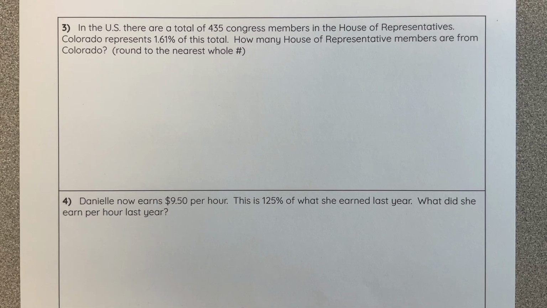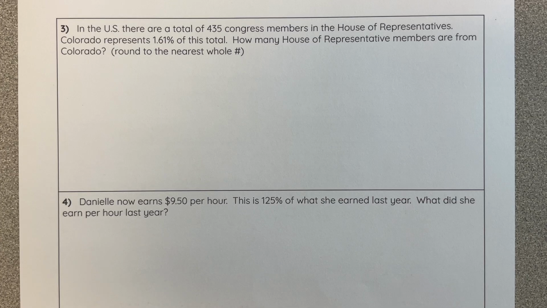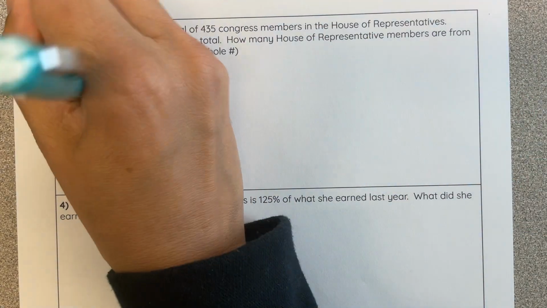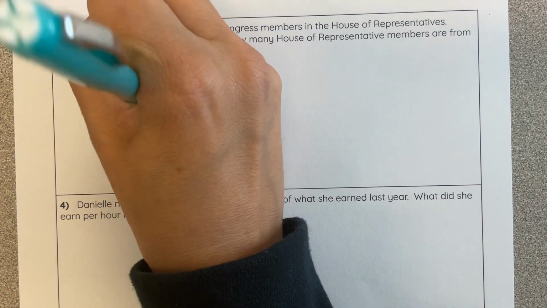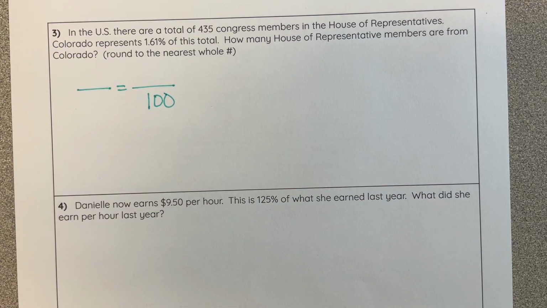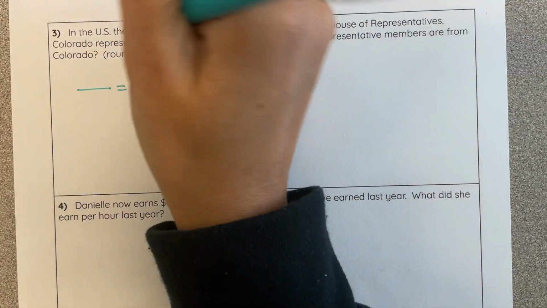Number 5, in the U.S., there are a total of 435 Congress members in the House of Representatives. Colorado represents 1.61% of this total. How many House of Representative members are from Colorado? And then it says round to the nearest whole number. So, setting up my blank proportion, always out of 100. Next thing I'm looking for is my percent.